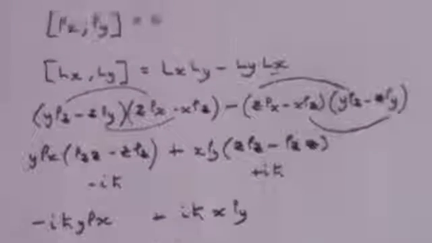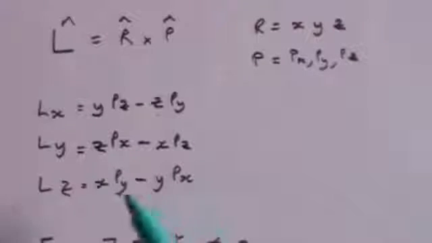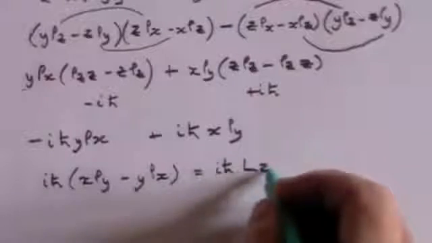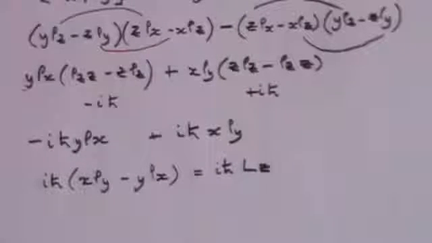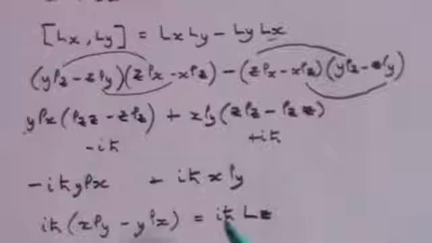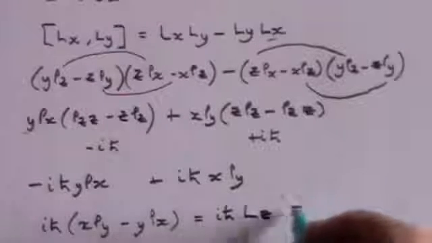But xpy minus ypx is Lz. So this is simply equal to iħ Lz. So we've shown that the commutator of Lx, Ly is equal to iħ Lz, which of course does not equal 0.